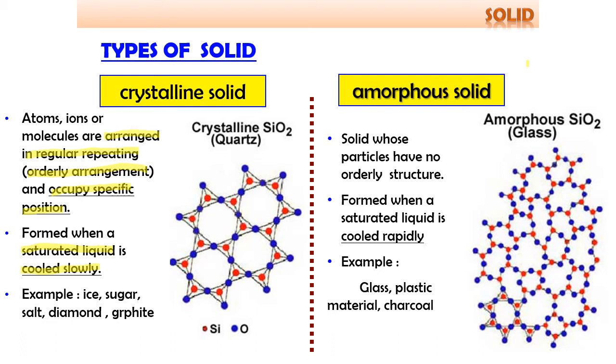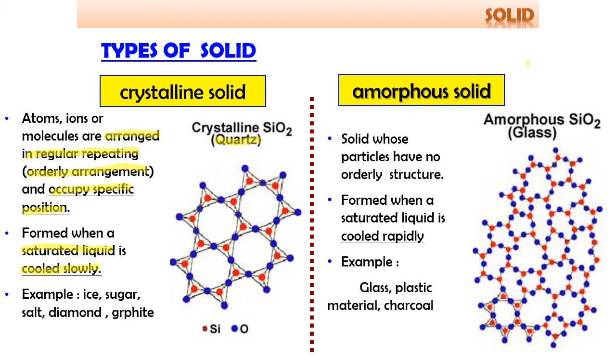For example, for crystalline solids, there are ice, sugar, salt, diamond, and you can see in this diagram you have quartz. Okay, silicon dioxide, but in the form of quartz. So you can see it has a regular repeating, orderly arrangement. So dia keadaan yang tersusun dan berulang-ulang.